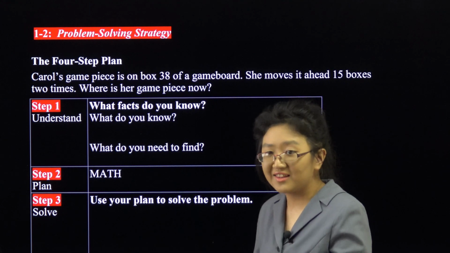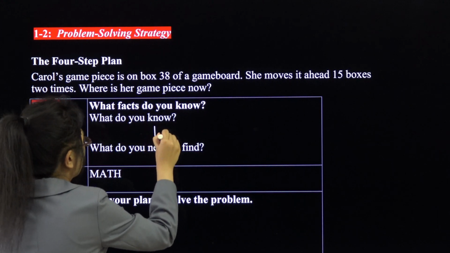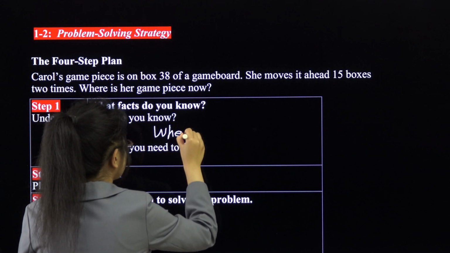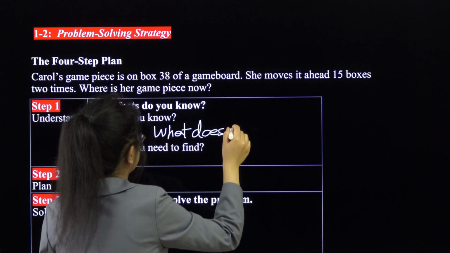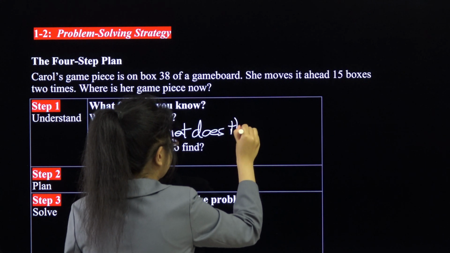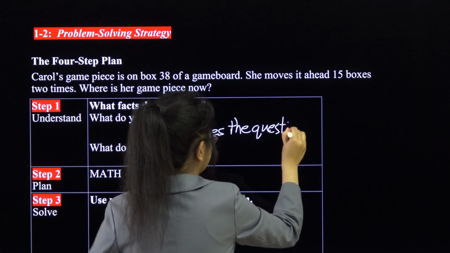So what do we need to find? What is the question asking us? Well, you see, usually there's a question mark on the question, so that's a really good place to start.